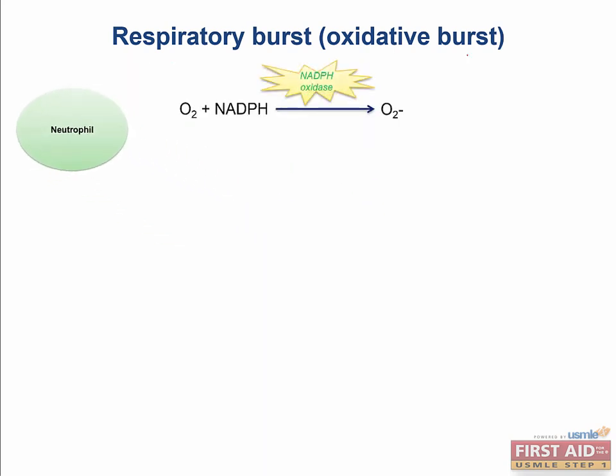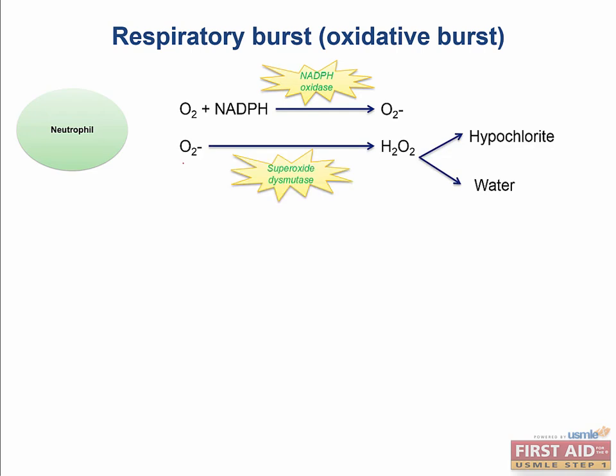The first step is the activation via NADPH oxidase. And this converts molecular oxygen into a superoxide free radical. Now it doesn't stop there. This superoxide free radical then undergoes conversion via superoxide dismutase into hydrogen peroxide.